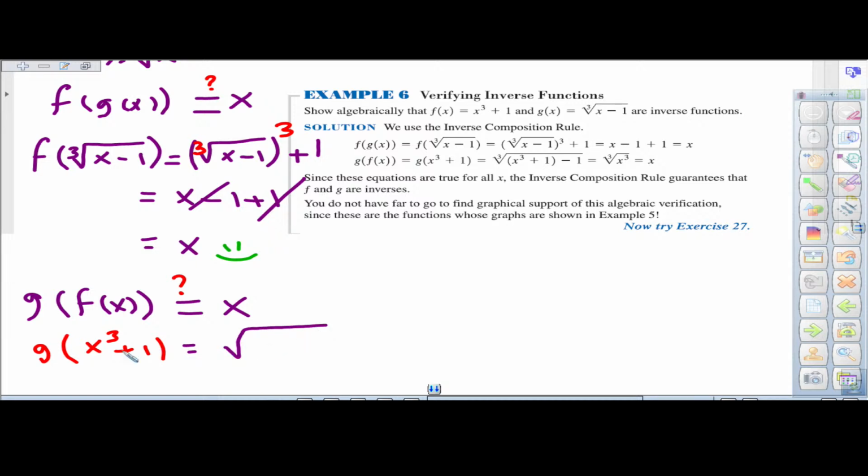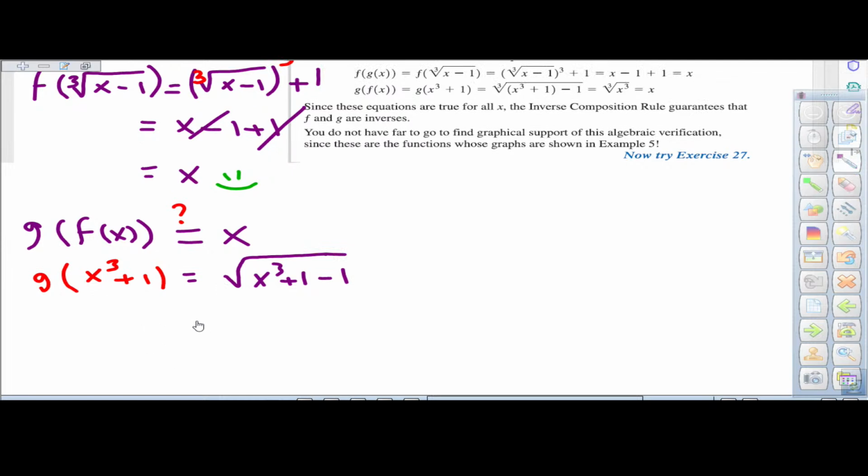So every x is going to be replaced with x cubed plus 1. And then I have a negative 1 already inside that, which will give me, if you look closely, the 1s going away, leaving you with x cubed.